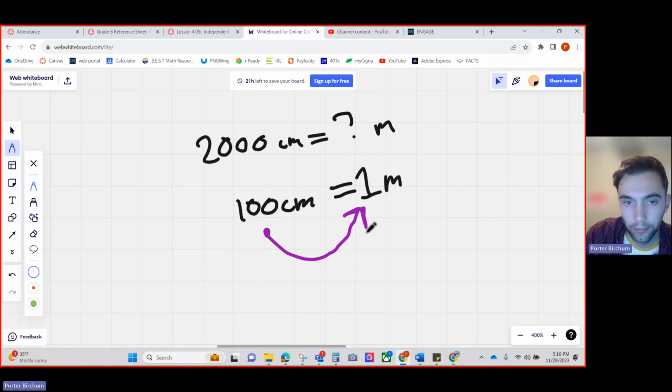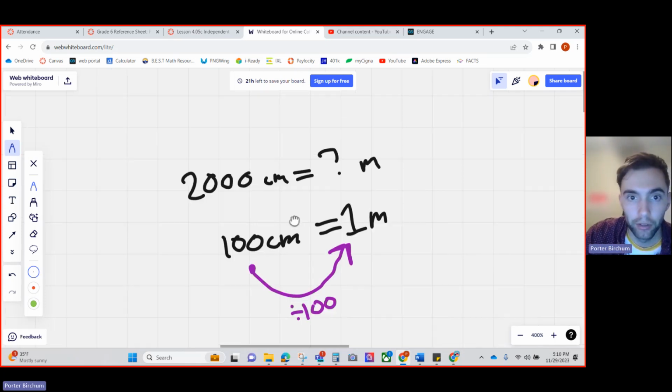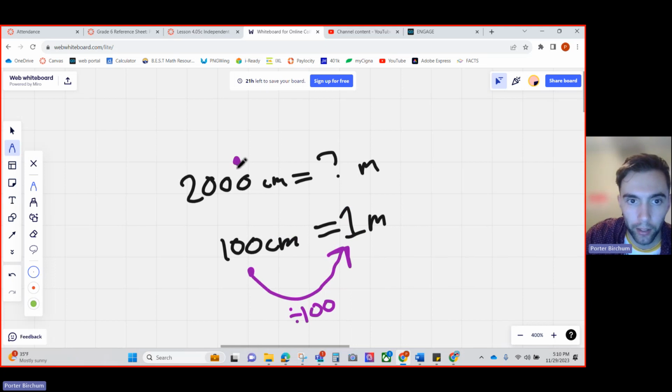What can we do, multiplication or division, to turn 100 into 1? Can I divide 100 by something to get it to be 1? Yes. 100 divided by 100 can be 1. Let's do the same to the top. Looks like to turn centimeters into meters, we can divide by 100.